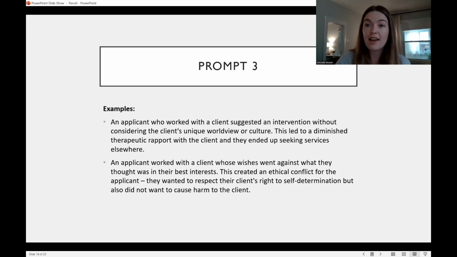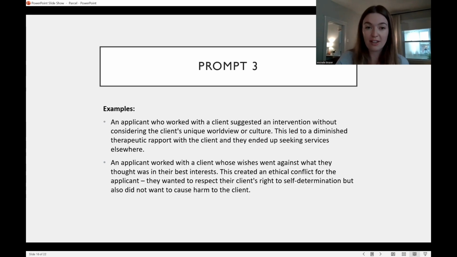So they were worried that if they just blindly did what the client wanted, it would potentially hurt them, but they also wanted to respect their right to autonomy and making their own decisions. So they wanted to respect the client's right to self-determination, but they also did not want to cause harm, thus creating an ethical conflict.